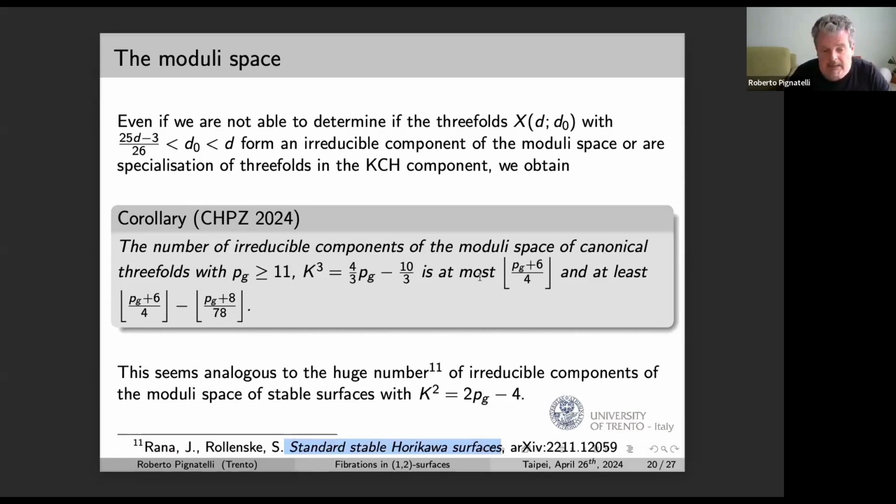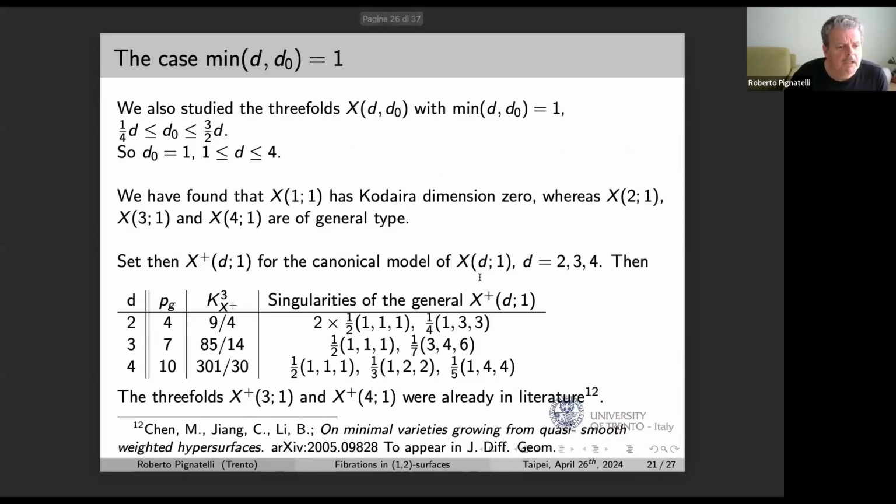The description is much similar to our description. In fact, part of the work is inspired by the paper by me and Stephen.